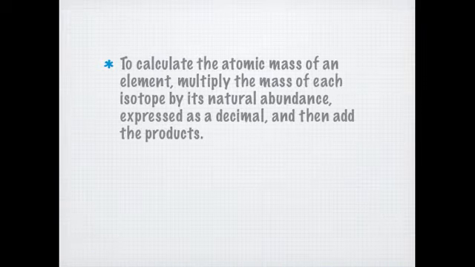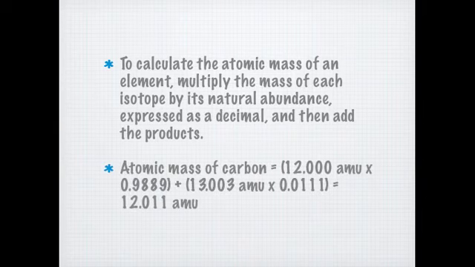Alright, to calculate the atomic mass of an element, here's what we're going to do. You're going to multiply the mass of each isotope by its natural abundance. So take your isotope, figure out the percent, change that percent to a decimal, and then multiply. And then what you do is add up the products. So if we're talking about carbon, carbon-12 exists as 98.89% carbon-12.